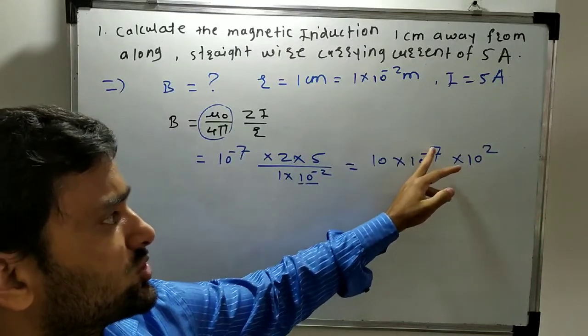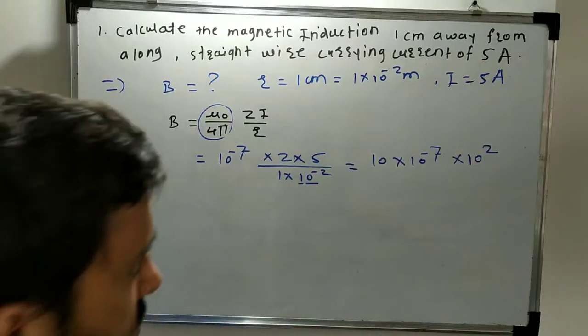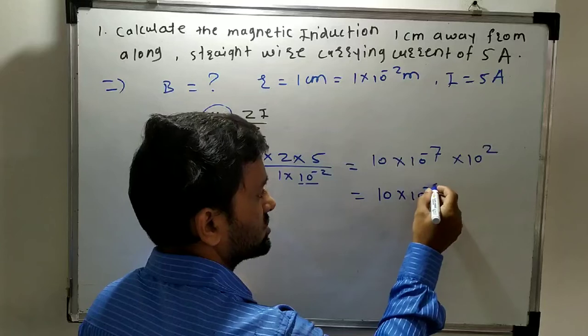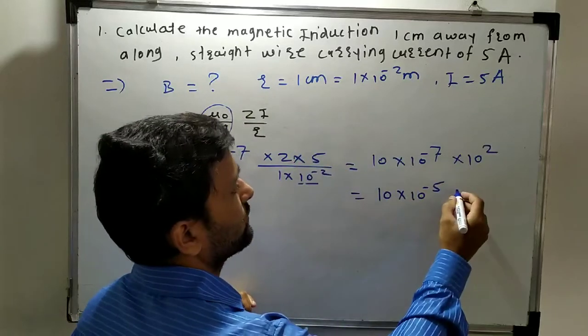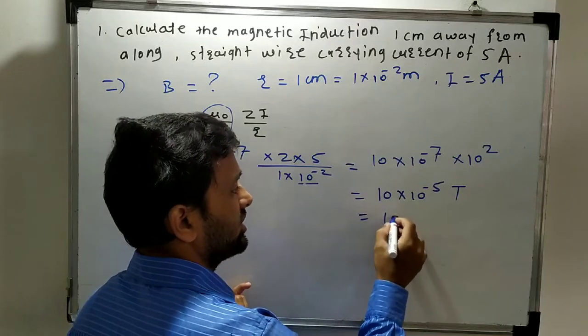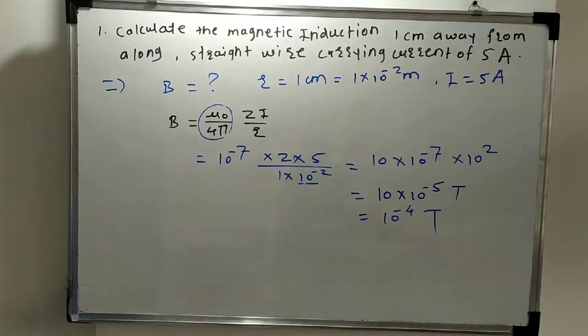Then 10 raised to minus 7 plus 2 becomes 10 raised to minus 5. So the answer is 10 into 10 raised to minus 5. What is the unit? The unit is Tesla, or we can write 10 raised to minus 4 Tesla. So this is the answer of this numerical.